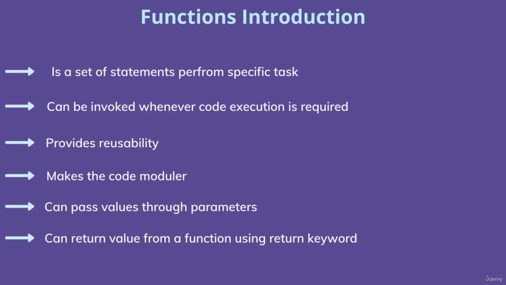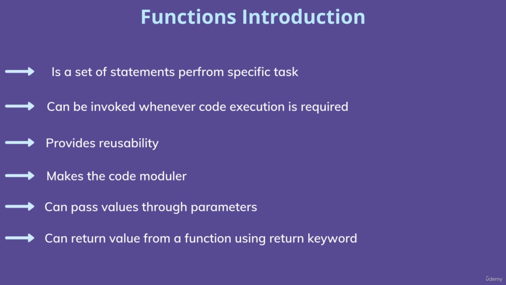Whenever I want to pass a value, I can pass it through parameters. While defining the function, I can define parameters as well, so that whenever I invoke it, I can supply some value from the calling environment.